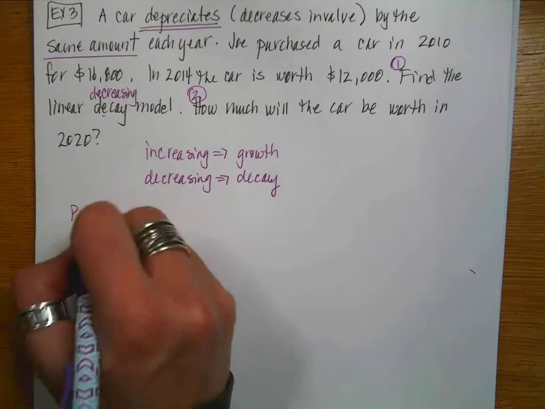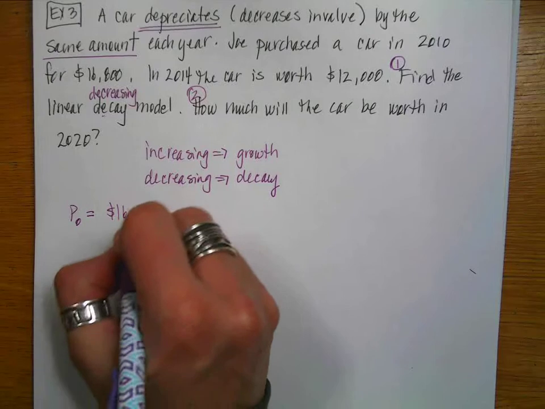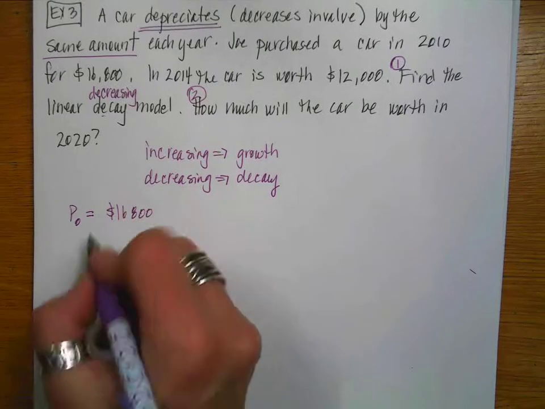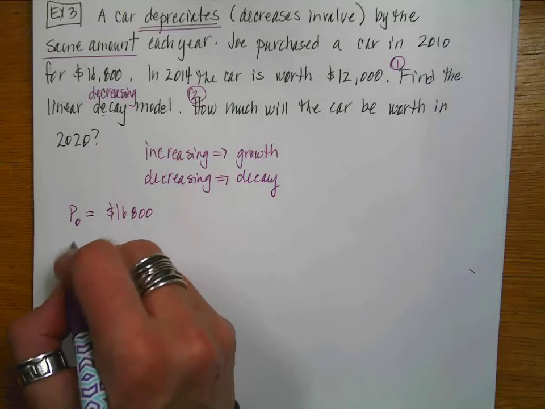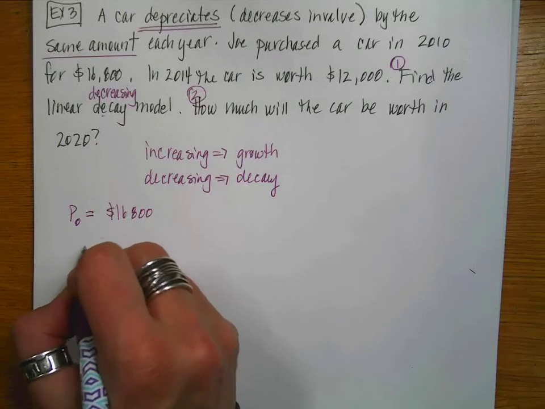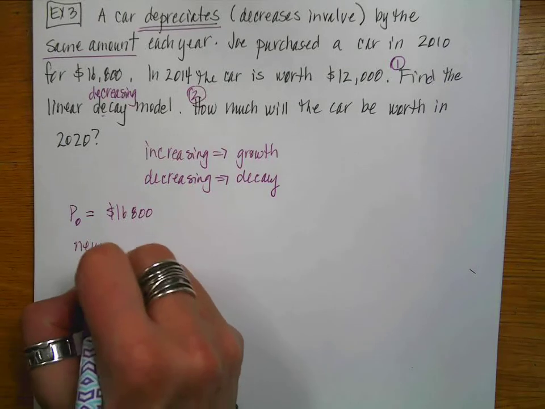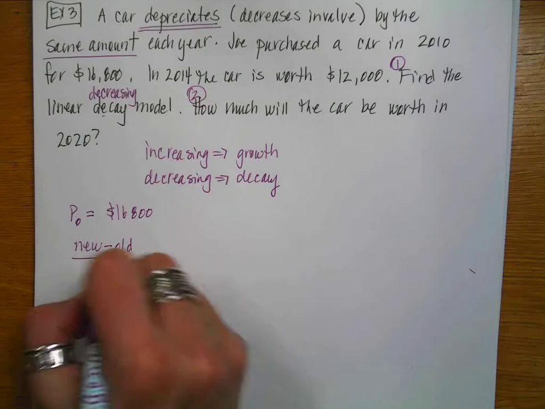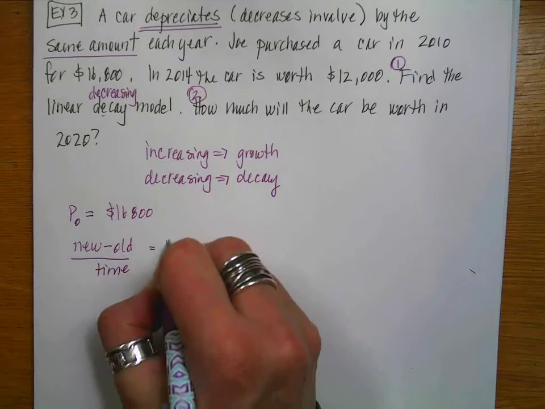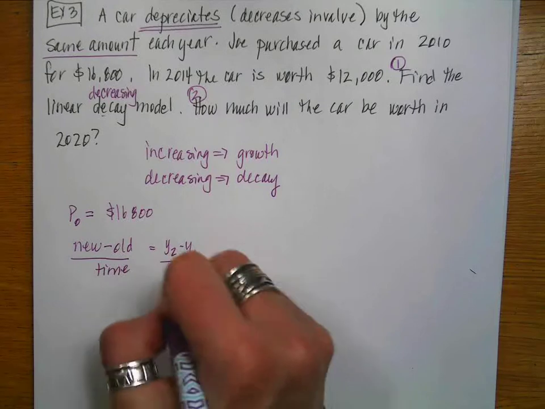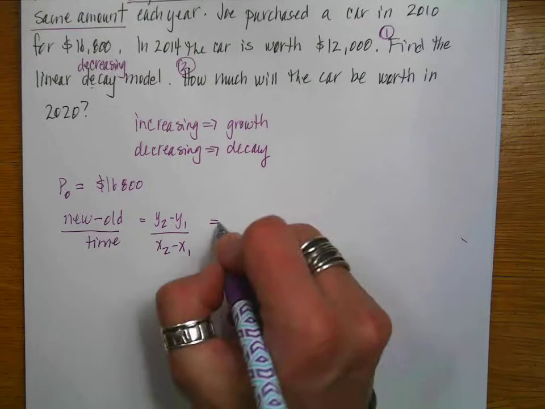So I'm going to start by writing what I know. My initial price of the car was 16,800. They don't actually tell us the slope, so we're going to have to figure that out. So for my slope, I'm going to do new minus old, and then I'm going to divide by time, which is the same thing as doing y2 minus y1 over x2 minus x1.